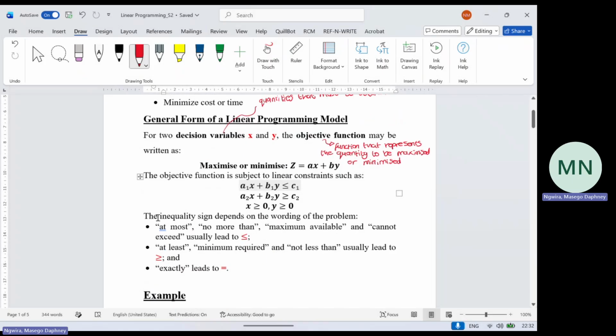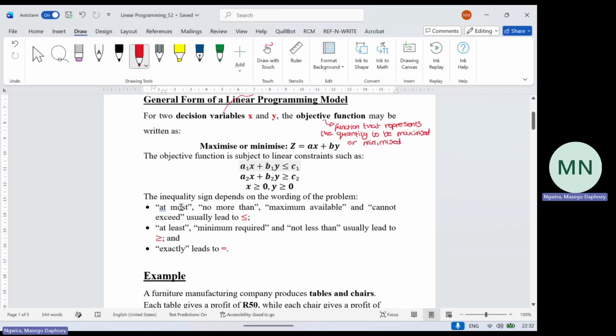All right. And then the inequality sign depends on the wording of the problem. In linear programming, we'll be dealing a lot with word problems. The signs less than or equal to, greater than or equal to, and equal to depend on the wording of the problem.